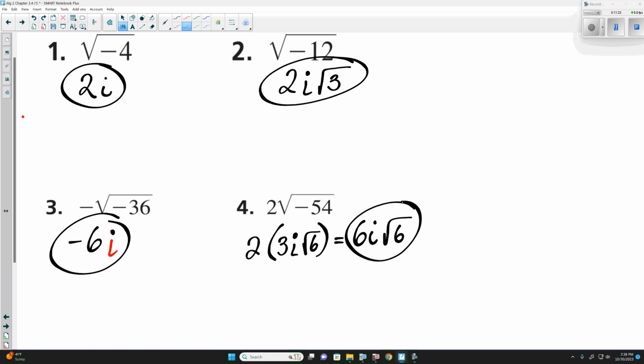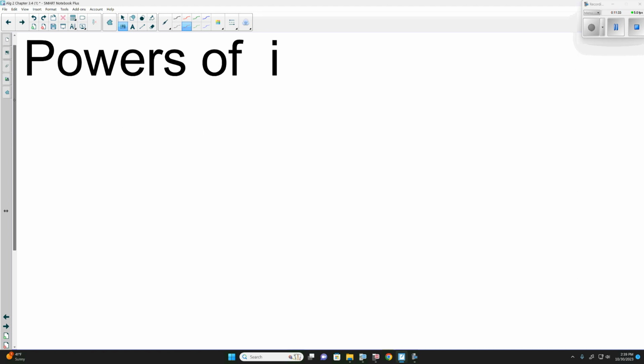Powers of i. So are you good with simplifying radicals? Powers of i. What this means is we're talking about i to an exponent. Now i to the first is really i, the square root of negative 1.